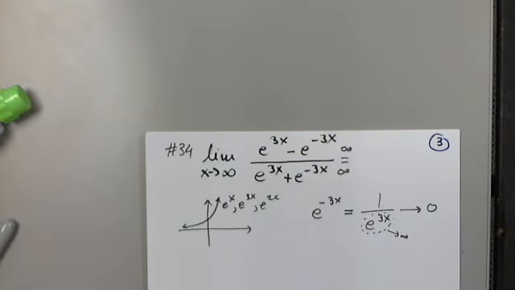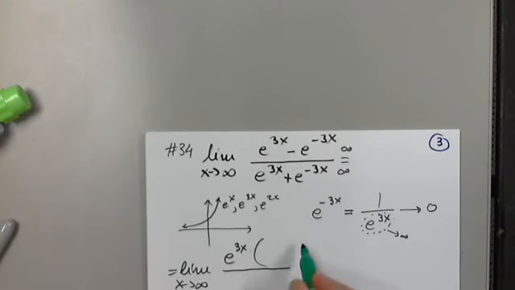So in this case, let's take out the most powerful one. So this is the limit as x approaches infinity. I will take out e to 3x, and I will take out e to 3x. Now I have to be careful what I have in parentheses. So e to 3x times what is e to 3x? Obviously, that's the easy part. What is it? 1 in both cases. The top has minus, the bottom has plus.